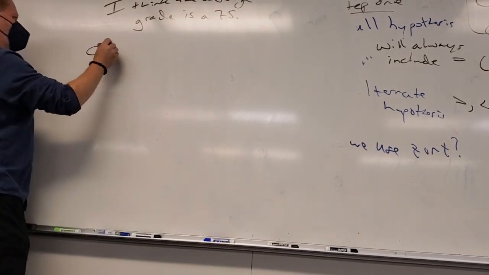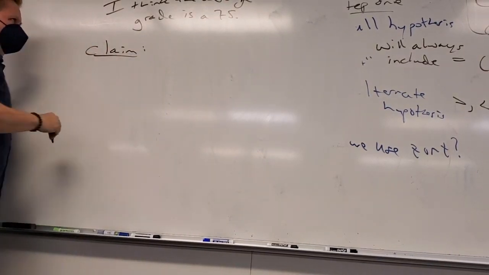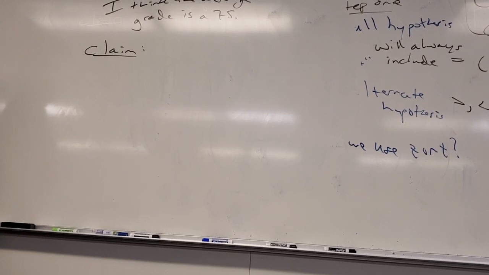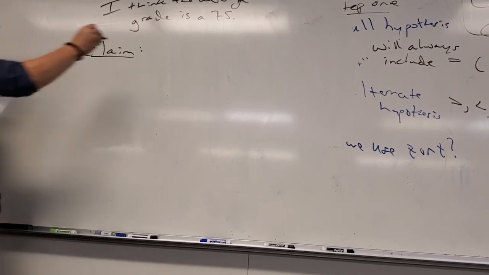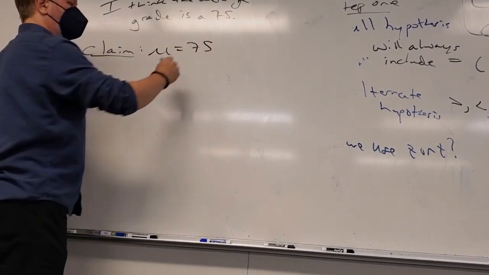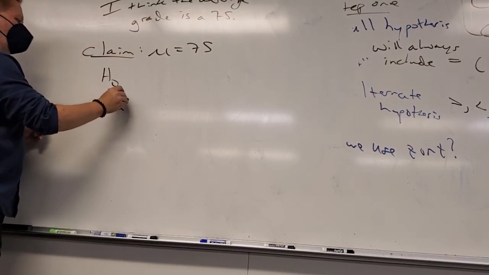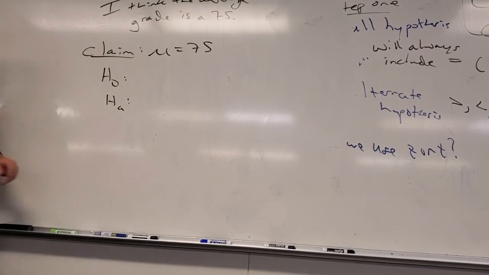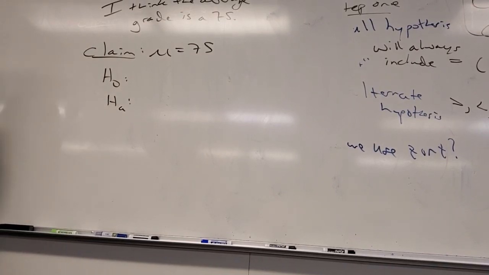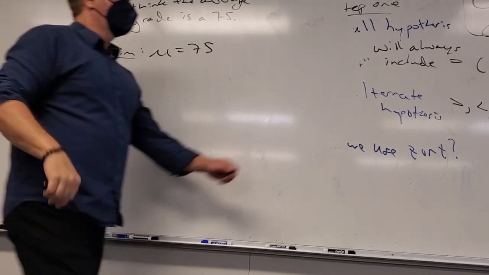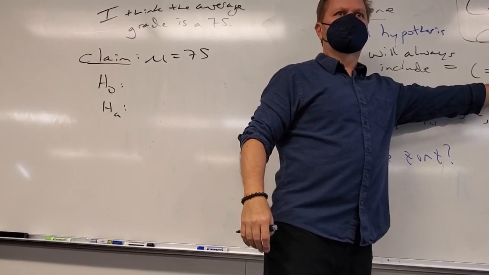So what's the claim that's being made? It is 75. Mu is 75, right? Would that be the H0 or the Ha? What's the key thing about the H0? It has to have an equal sign.